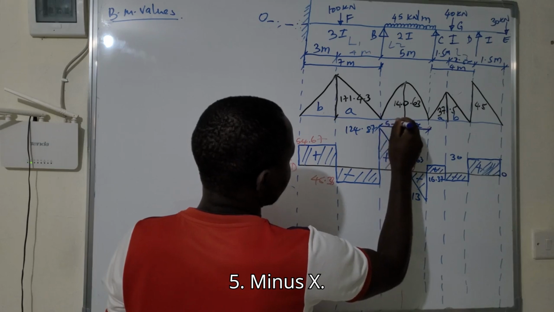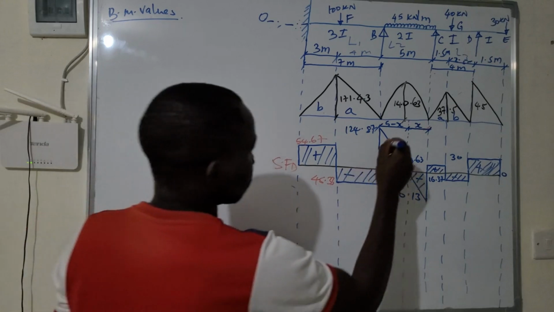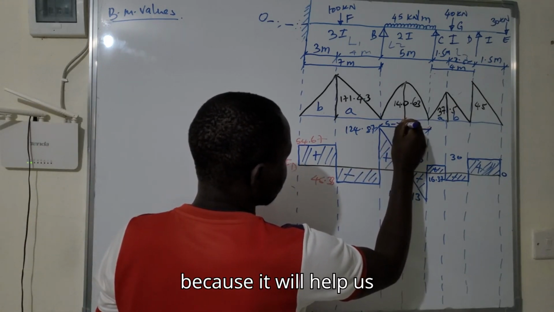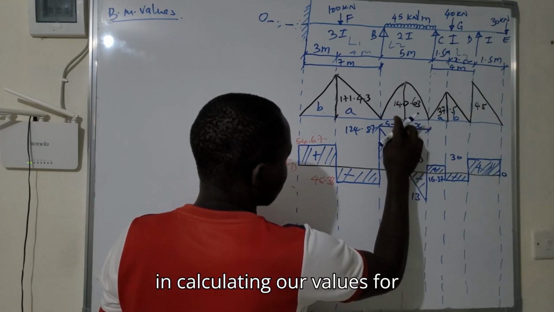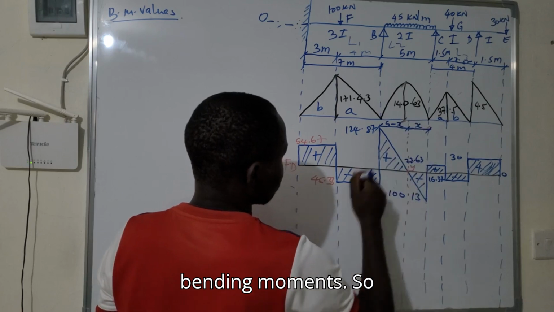5 minus x. So it is very important to calculate this distance x, because it will help us in calculating our values for bending moments.